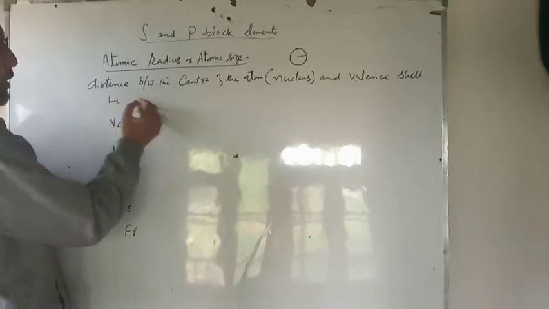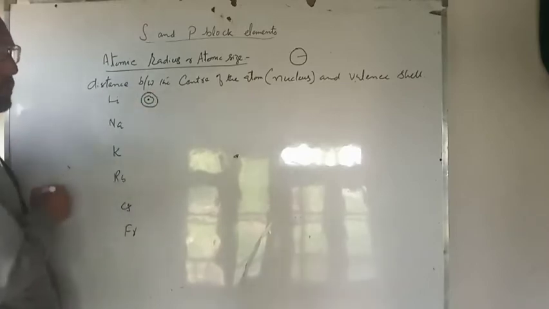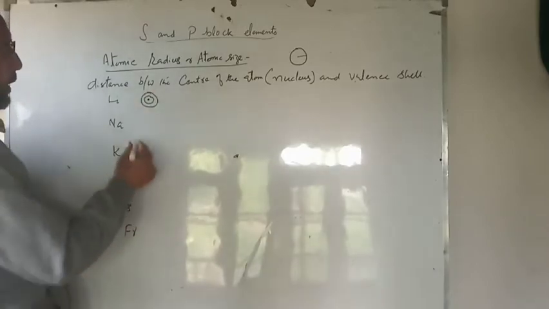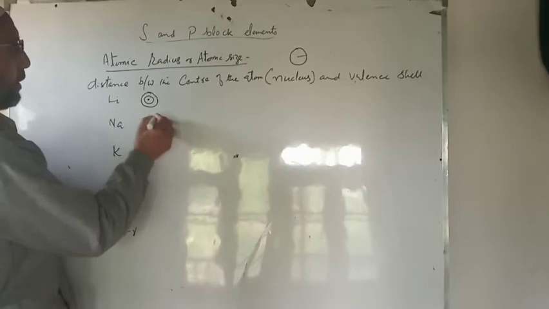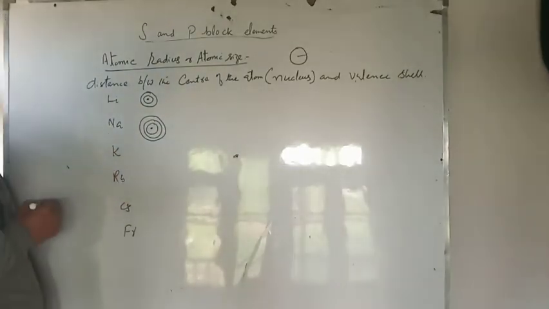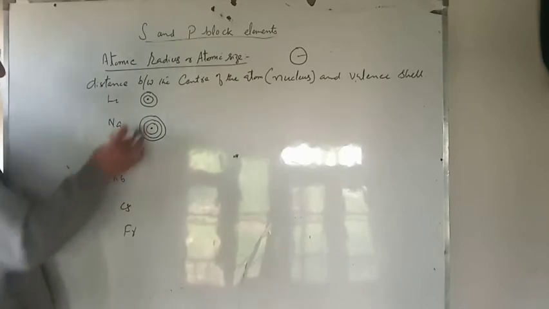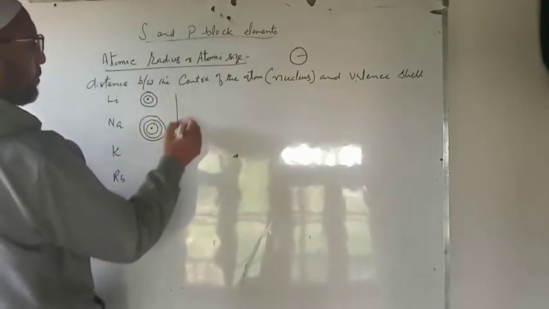In lithium, there are K and L shells, so two shells, while in sodium there are three shells: K, L and M. In the same way, potassium will have four shells. So the number of shells goes on increasing down the group.